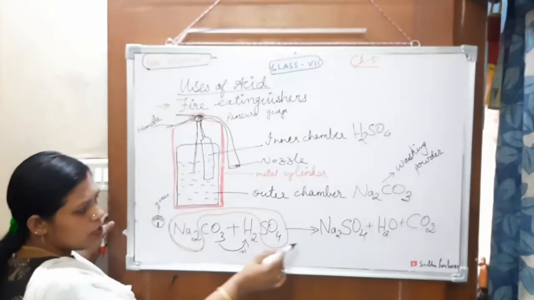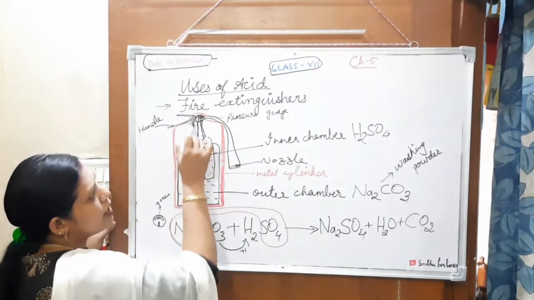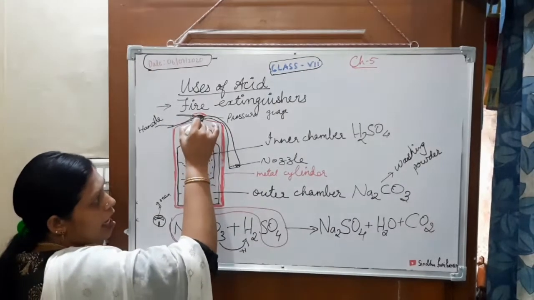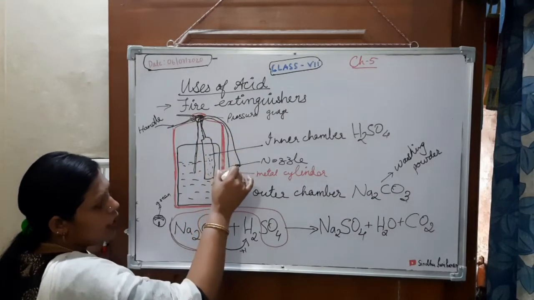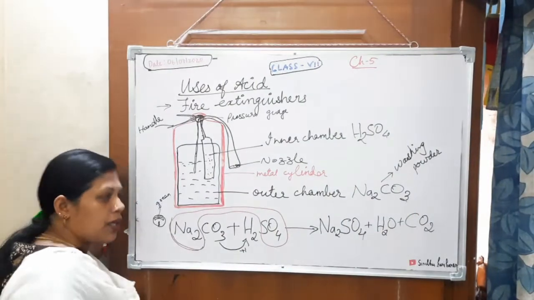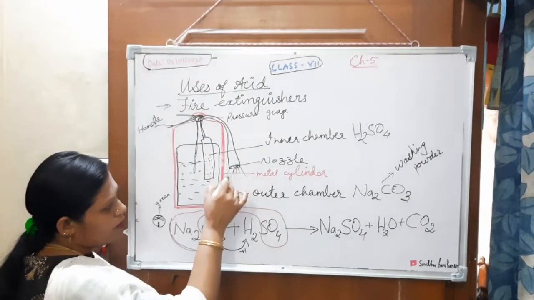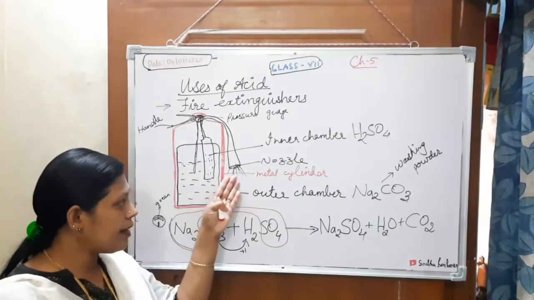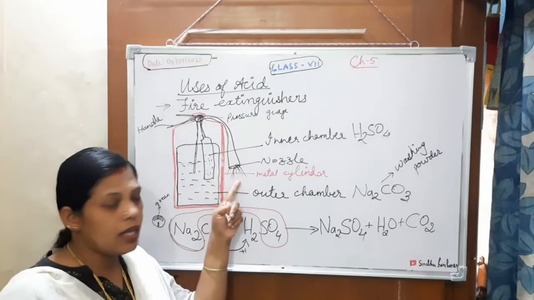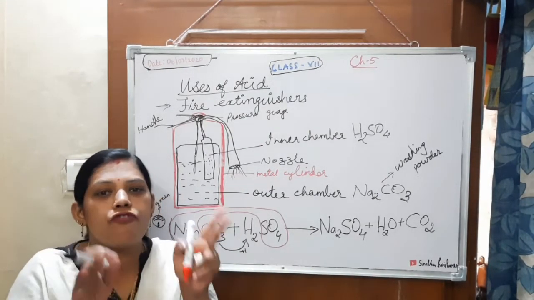The sodium sulfate remains here only, but the carbon dioxide comes out through this. It is connected with the nozzle or the big pipe, and through that it comes out in foam. That is the fire extinguisher. It comes out through the nozzle and is directed towards the fire.